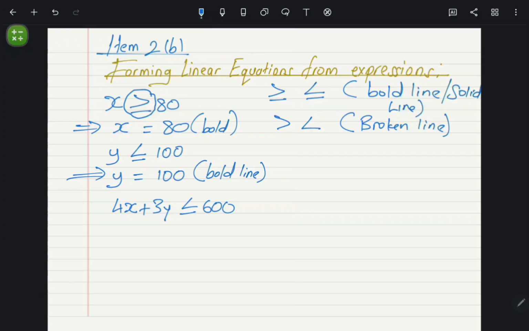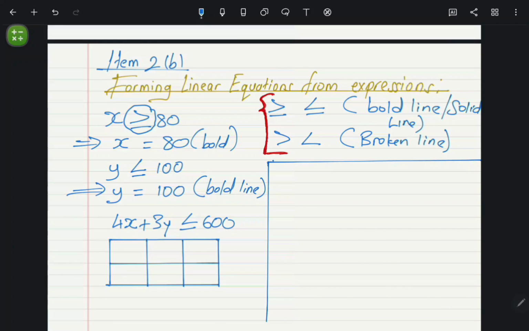You have to generate coordinates that the line is going to pass through. So what we usually do is draw a small box, and then figure out the coordinates through which the line is going to pass.